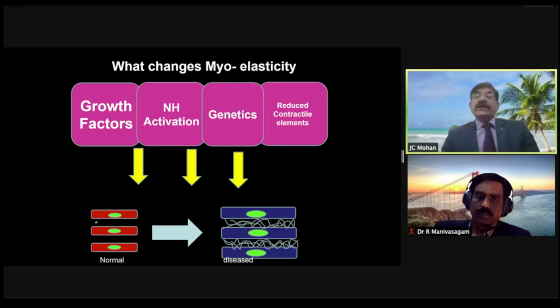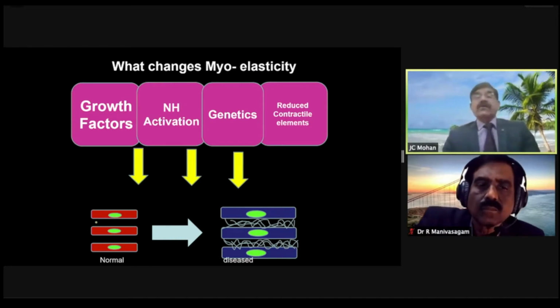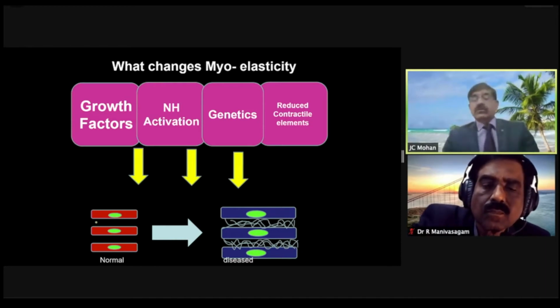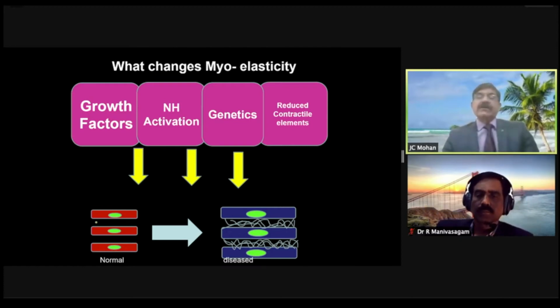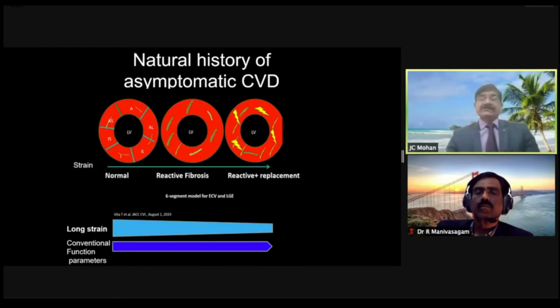While ejection fraction is decreased when myocardium involvement is 50% or more, strain imaging picks up disease when myocardium involvement just falls below 80%. So we actually detect preclinical or subclinical disease by strain imaging.